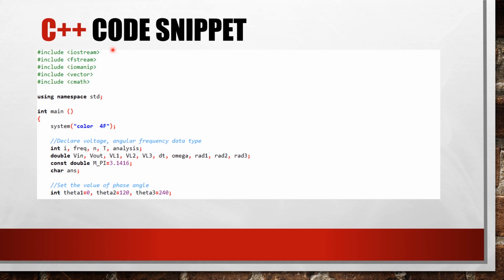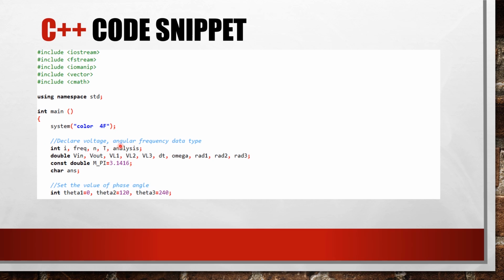This is the C++ code snippet. First, we need to call all the libraries such as iostream, fstream, iomanip, vector, and cmath. Like usual, using namespace std, int main. So system color F to make my interface appealing.